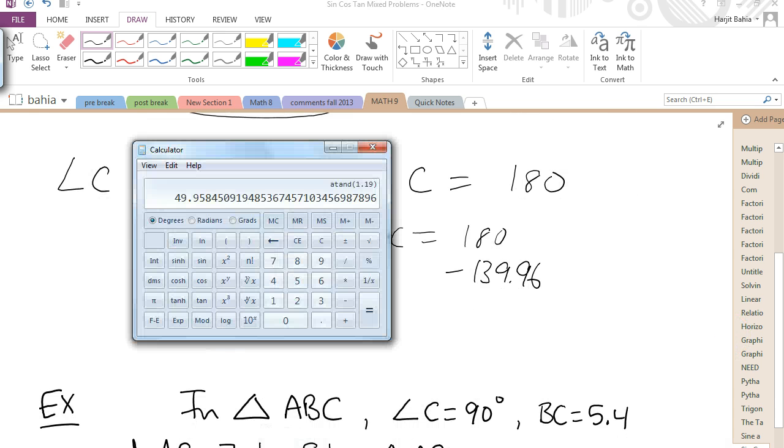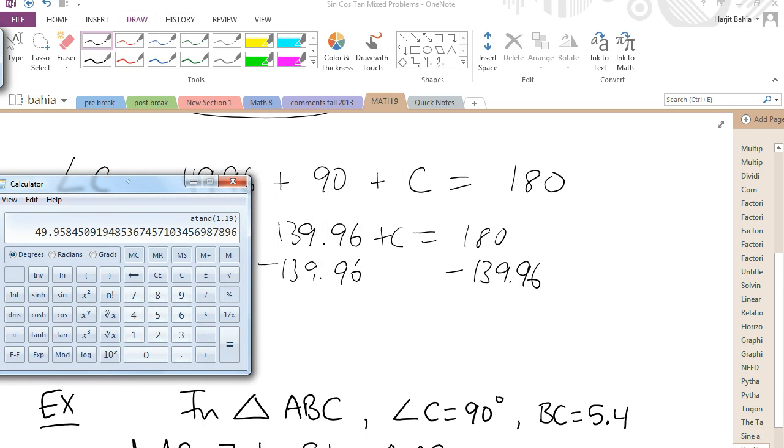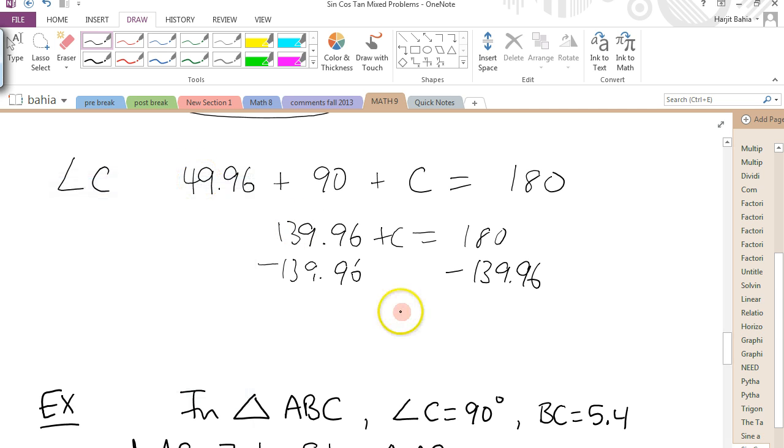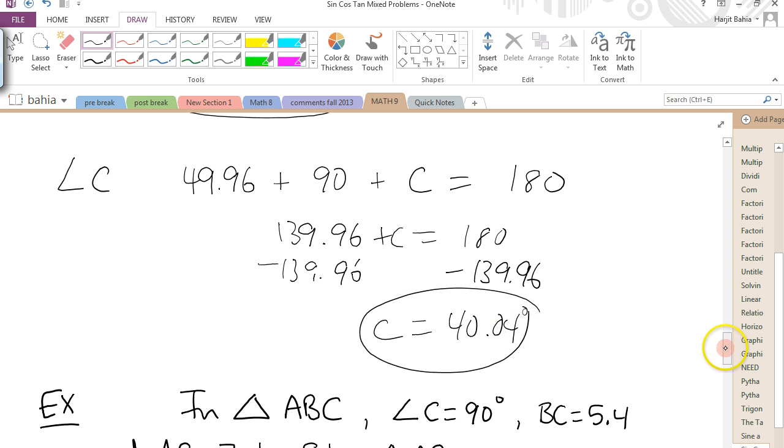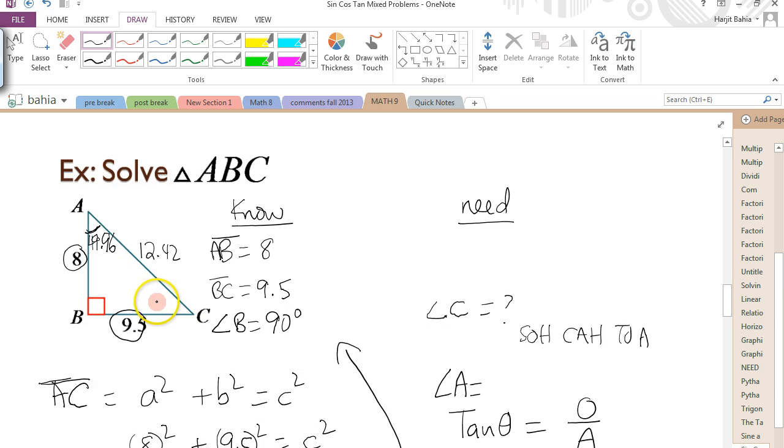You end up getting 180 minus 139.96. You get a final answer of 40.04 degrees to two decimal places. That is our third angle, 40.04 degrees.